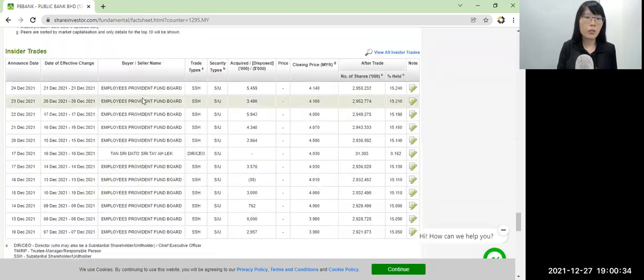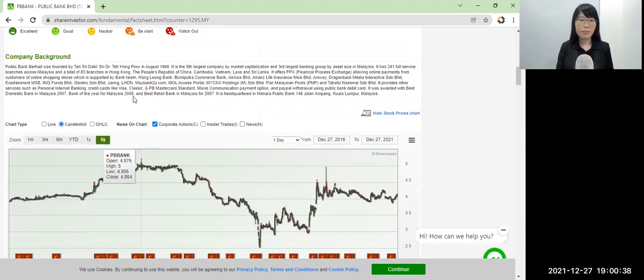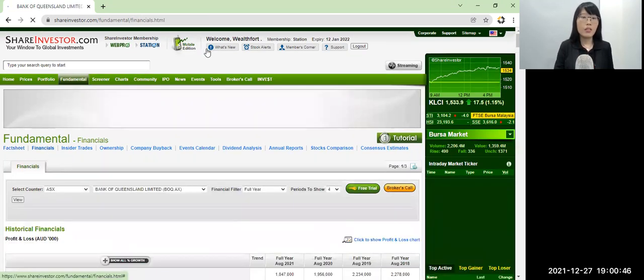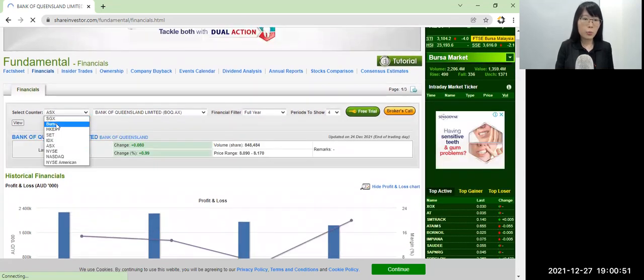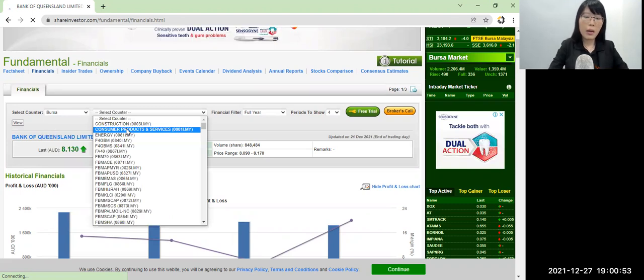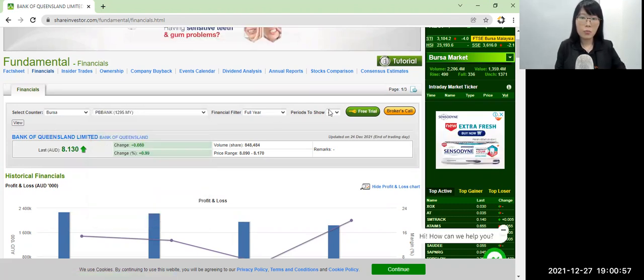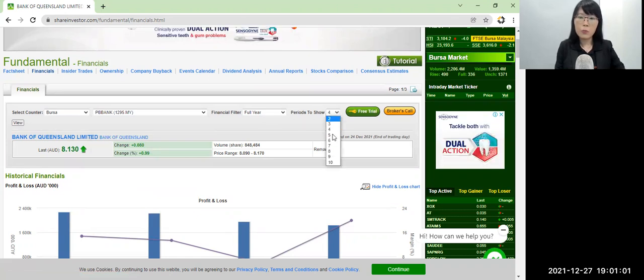Now let us go to the financial. So we can go back to our case study. We can choose Bursa, choose Public Bank, and for the period to show you can choose 10 years.